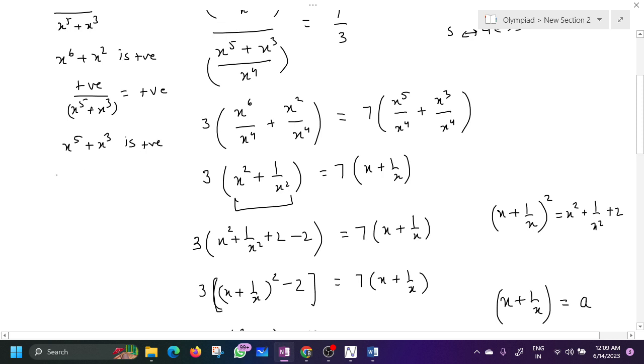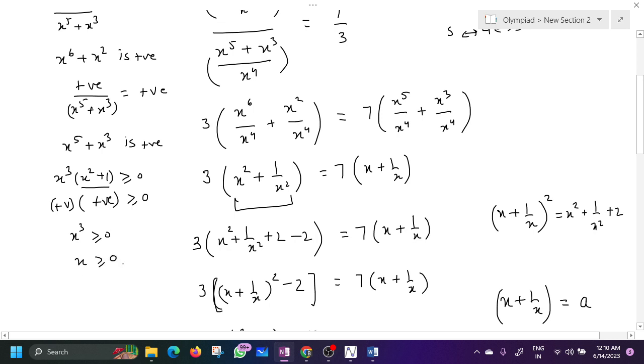Means x power 3 into (x square plus 1), taking common x power 3, has to be greater than or equal to 0. Now we know that x square plus 1 will always be positive because it's a square quantity and 1 is positive. So x cube has to be positive. Then only we will get something positive. It means x cube is positive. It means x is positive.